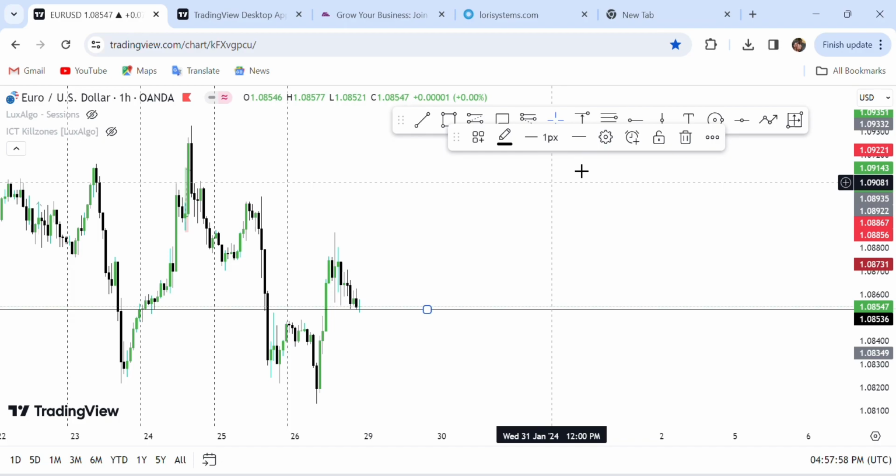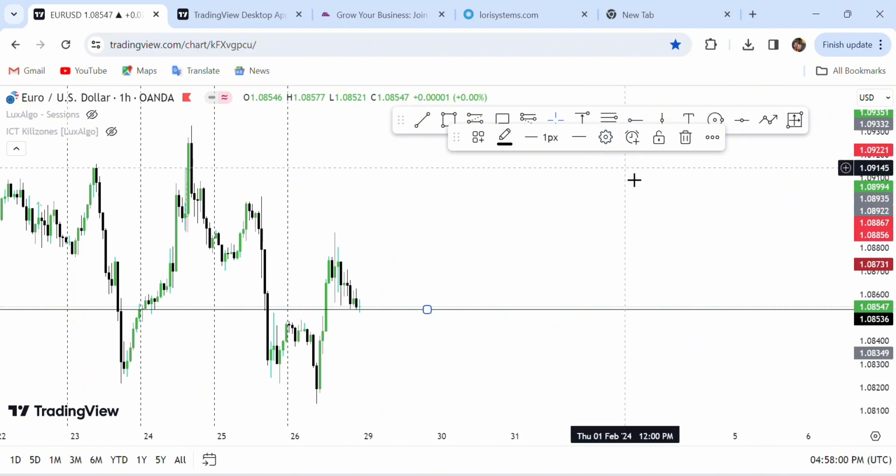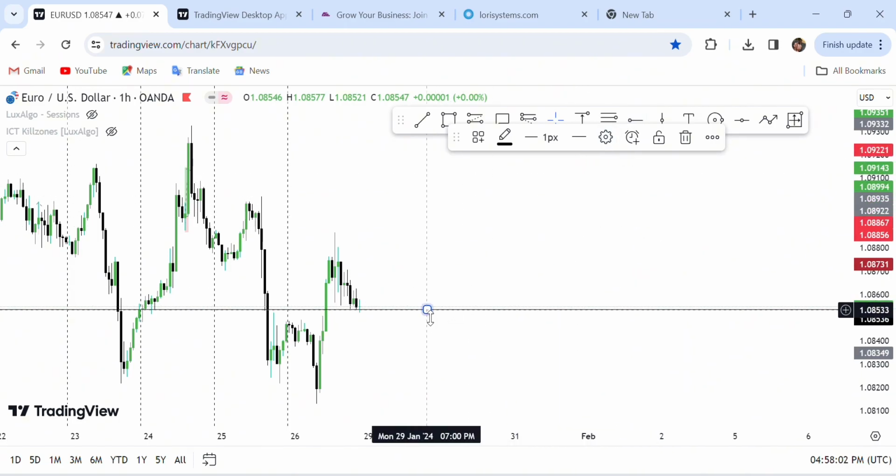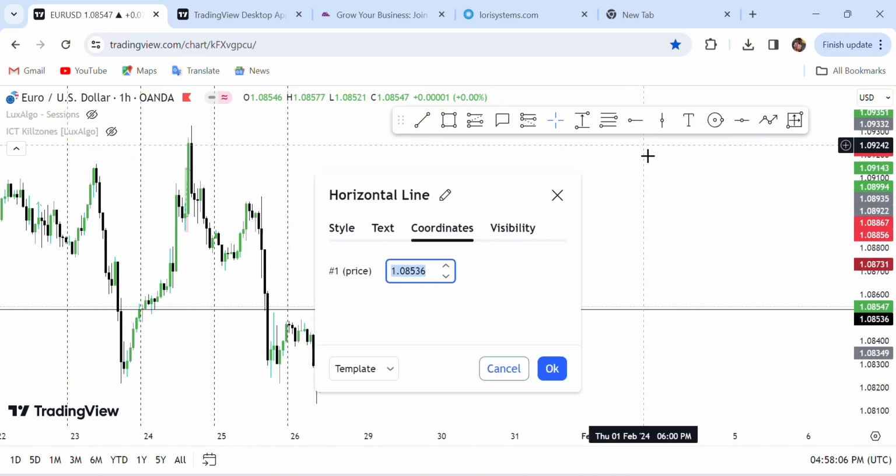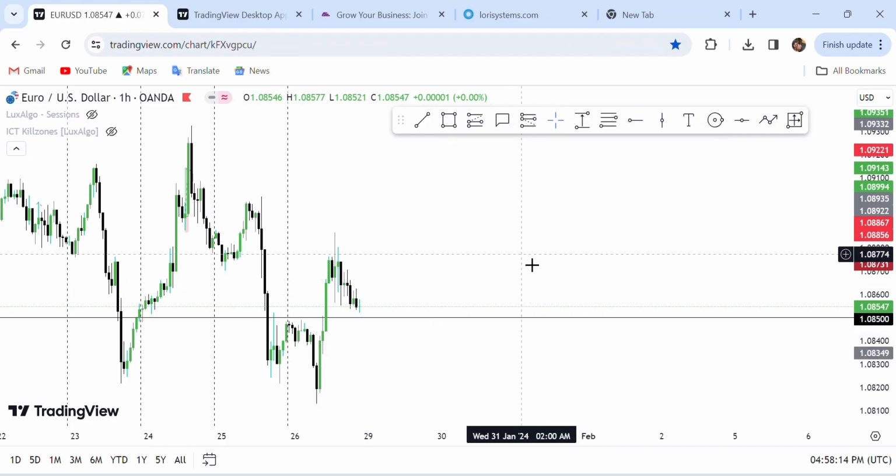I just want to show you guys something. Why is it not coming? Okay, great. Now that we have a whole number of 1.08500, we are going to measure 100 pips from 1.08500.